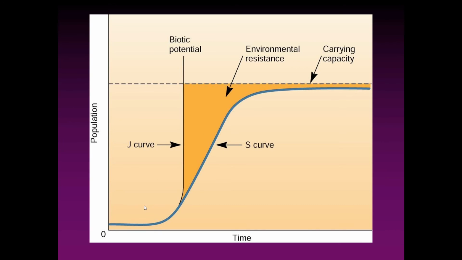Now compare that to what we actually see, which is this S curve. This environmental resistance is death, disease, predation, anything like that that is going to limit how many offspring an actual organism can have. We know that hypothetically, humans can have a child every 9 months.